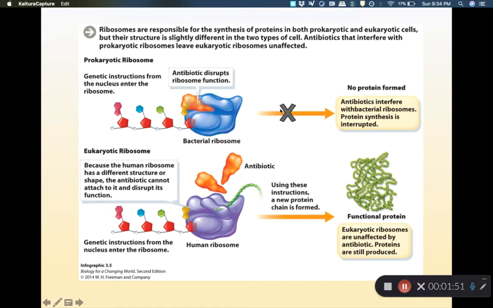This is looking specifically at the structural differences between prokaryotic and eukaryotic cells and why an antibiotic is able to disrupt specifically prokaryotic cells and leave those eukaryotic cells healthy and continuing to create functional proteins.